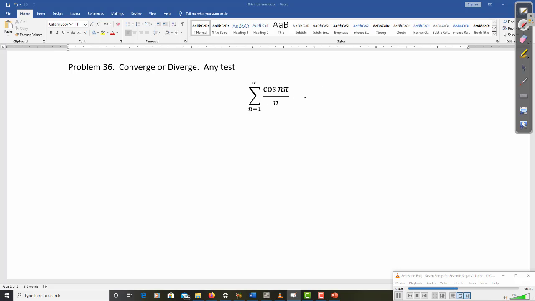It would be basically this. Let's see. Cosine of pi is negative. So the first one would be negative, so negative 1 to the n, n equal 1 to infinity. If you wanted to write this in proper form, it'd be cosine n pi in absolute value over n.